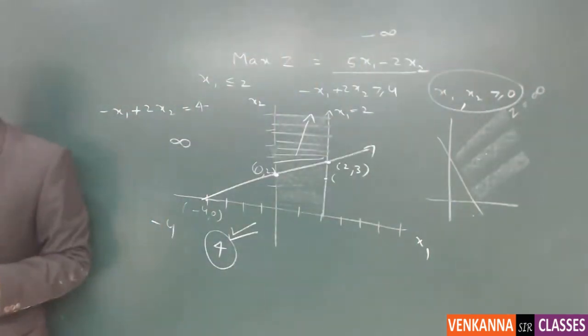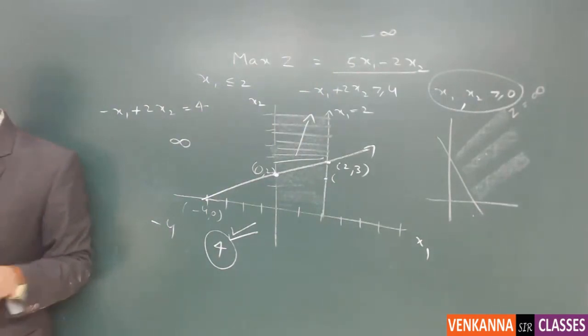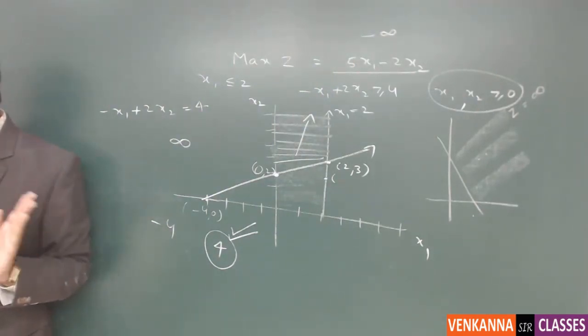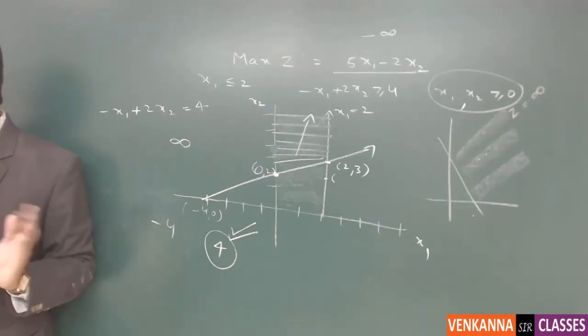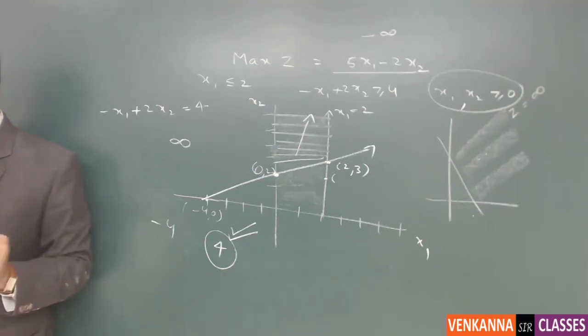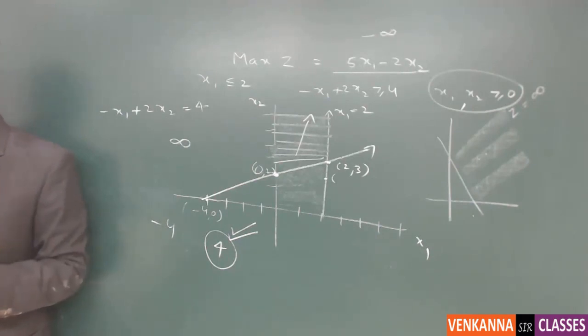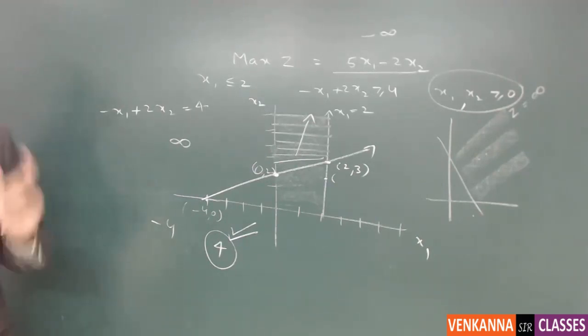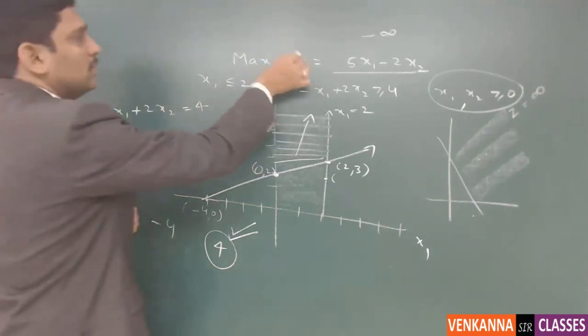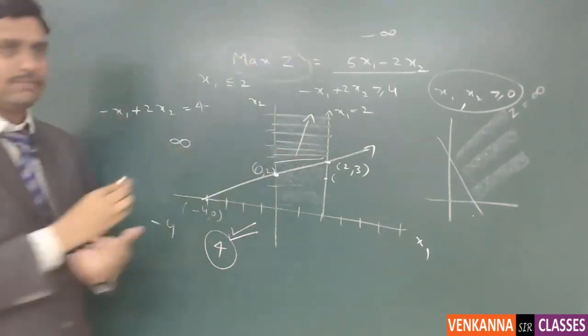Clear now? So in the objective function, if you have the negative coefficient, you may have the possibility of getting the optimum solution even though the solution space seems to be unbounded. That is my idea of bringing it for you. What is the objective of this problem?